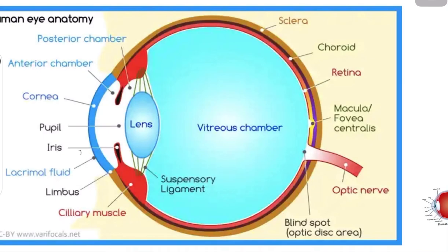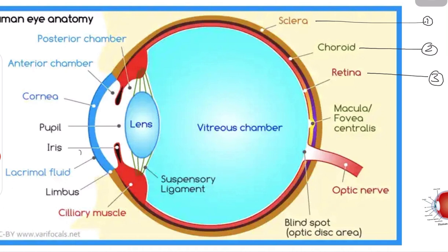Now there are three layers of the eye. The first layer is called the sclera, second is your choroid, third is your retina. The sclera is the outermost layer. Then you can see the second layer, the choroid. Then the innermost layer is called the retina, the point where the image is formed.